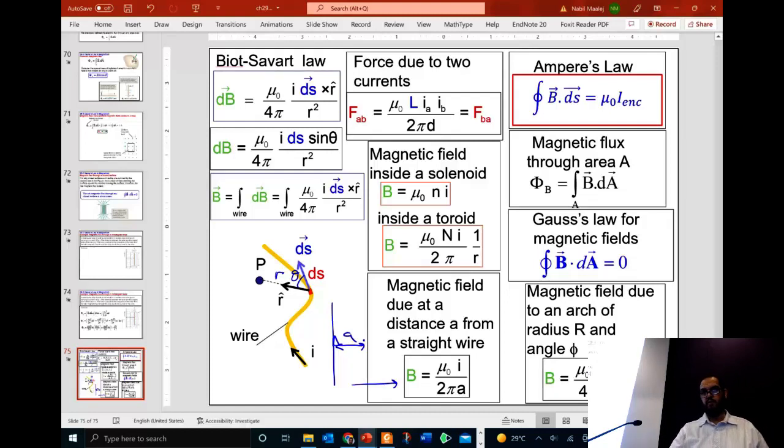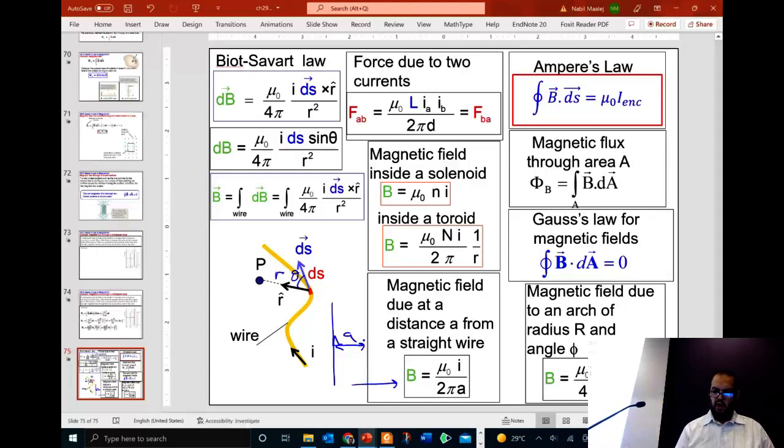To determine the direction, we said you point your thumb along the direction of the current and swing your four fingers to the point of interest, and this swinging gives you the direction of the magnetic field. So if the wire carries current going up, the magnetic field makes a circular path. Remember, the magnetic field lines are circular in shape.